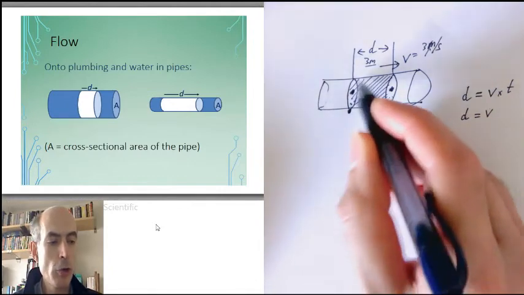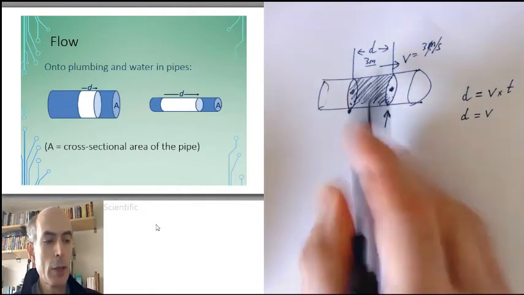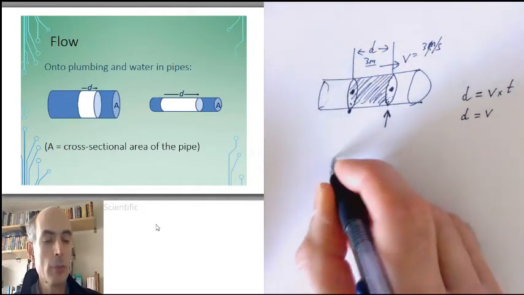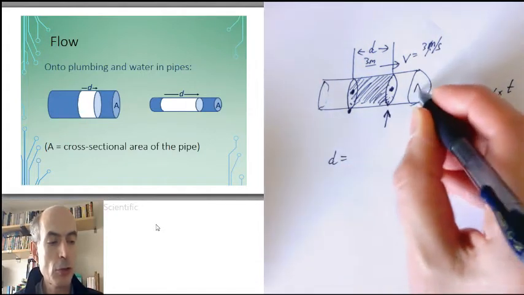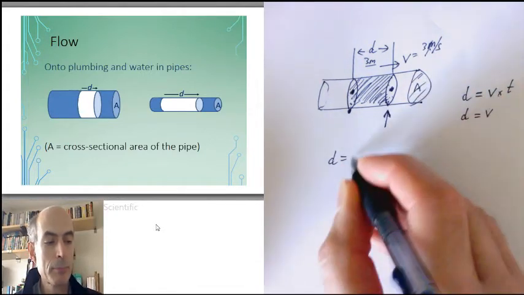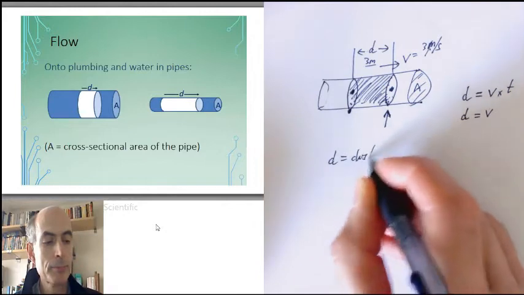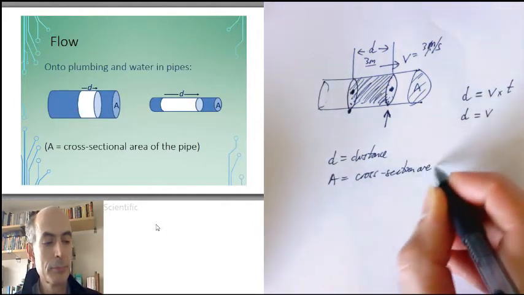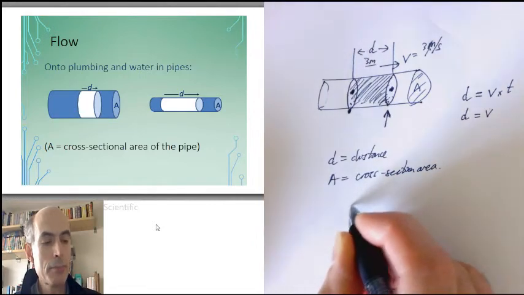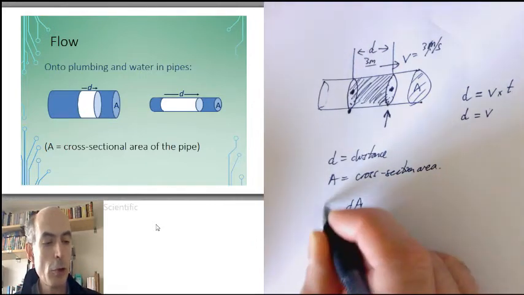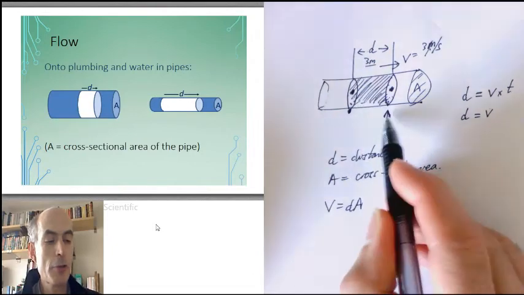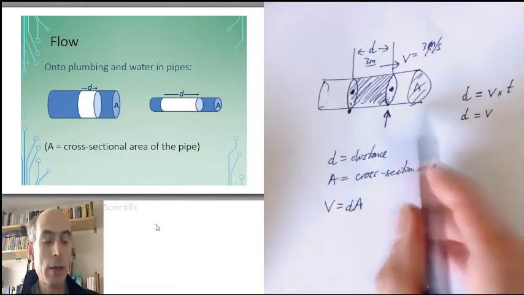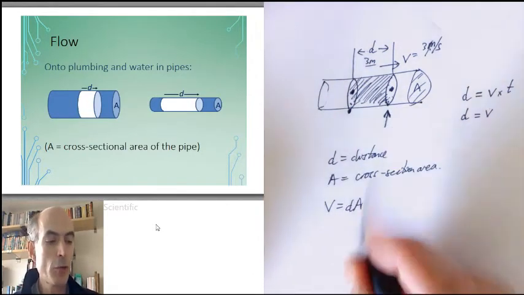What is the volume of that fluid? Well, it's just d, the distance, times the cross-sectional area of the pipe. dA would be the total volume that's past that point there, or in fact any other point in the pipe, in 1 second.